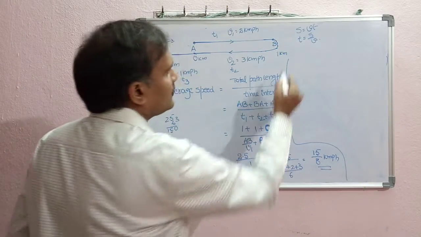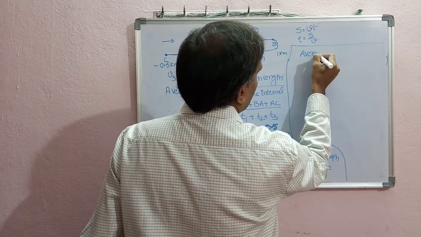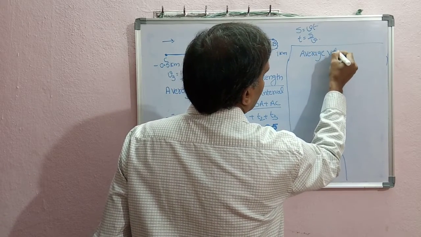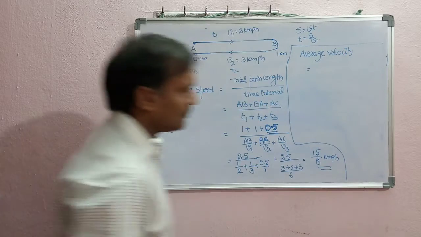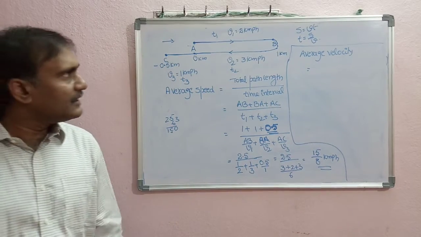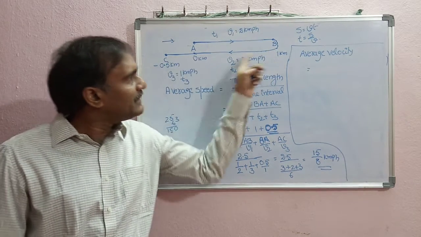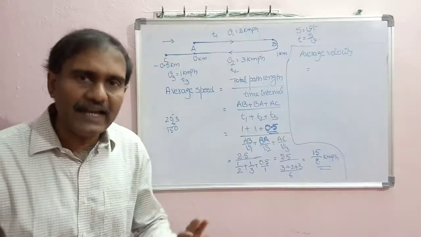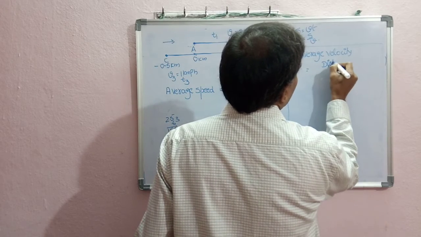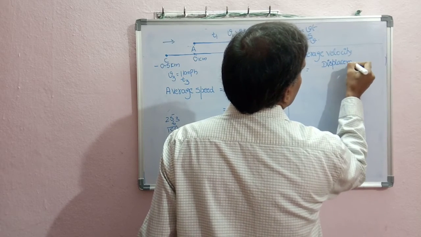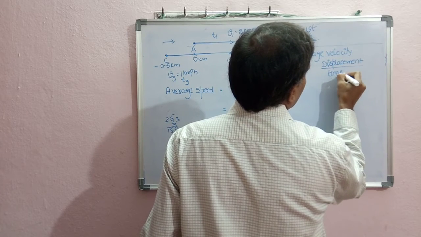Now you can find out the average velocity. Average velocity is nothing but displacement covered by the particle divided by time interval.